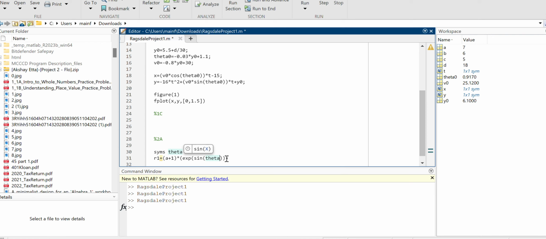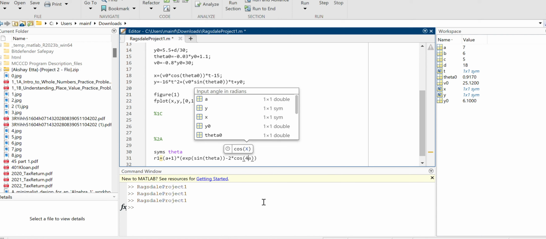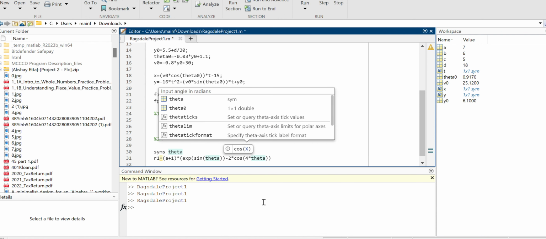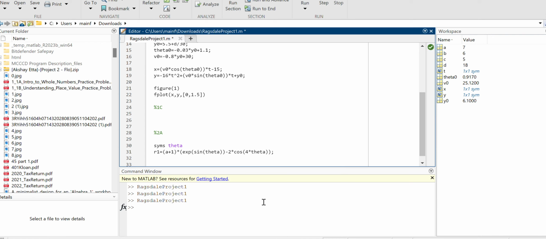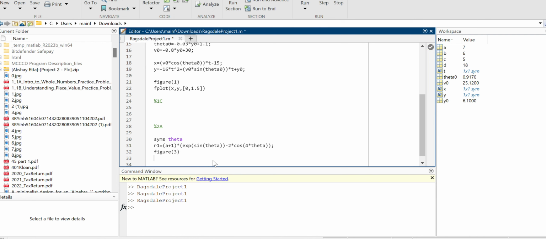And I think we still want to be up here, minus 2 times cosine of 4 times theta. 1 parenthesis, 2 parenthesis, perfect. And I put the semicolon. So there's R1. And so once we have R1, we can immediately go put this on a figure 3. So we'll say figure 3, ezpolar, R1. Boom, that one is done.